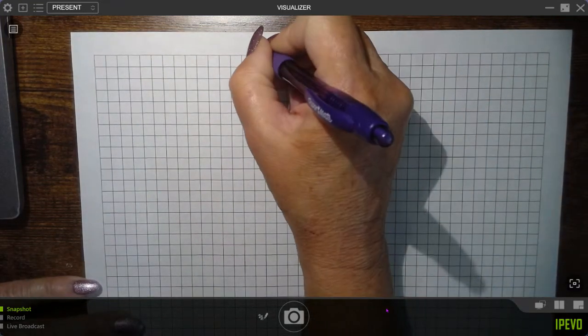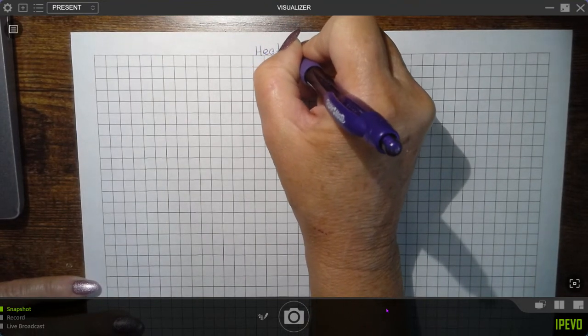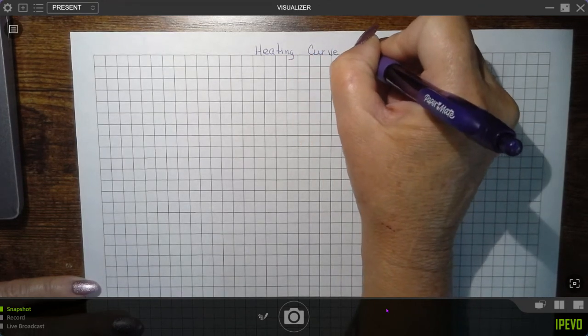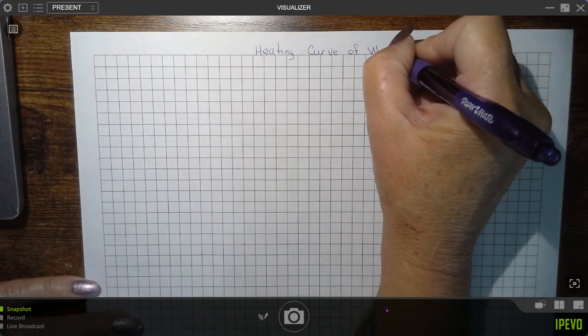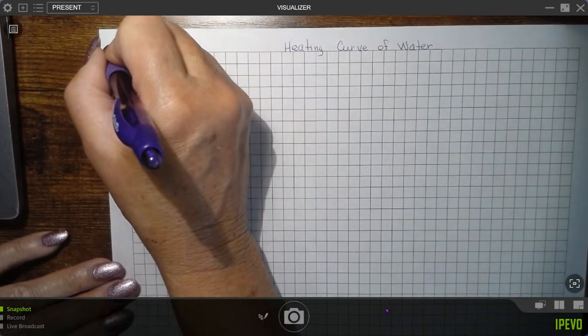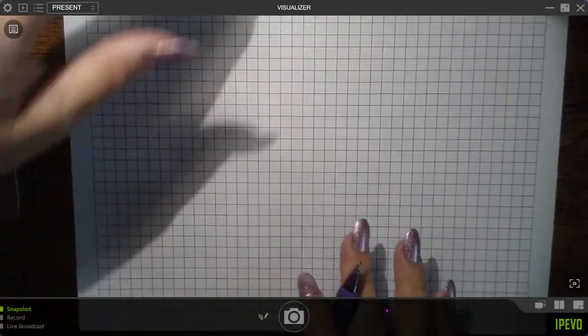So I'm just going to name this graph heating curve of water. The units on my y-axis are going to be degrees Celsius, and the x-axis is going to be heat added, and my units would be joules.